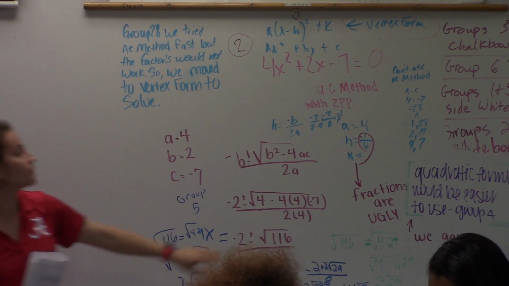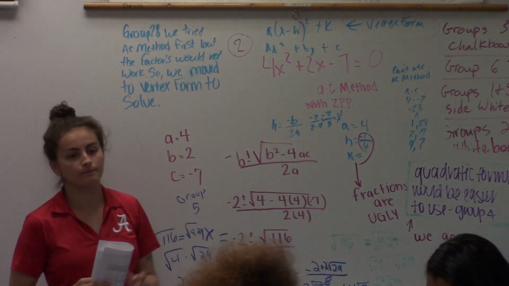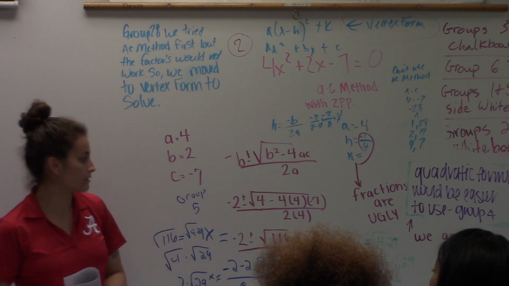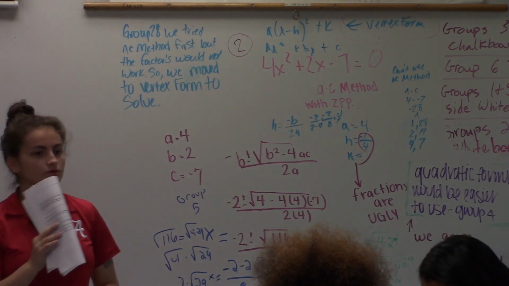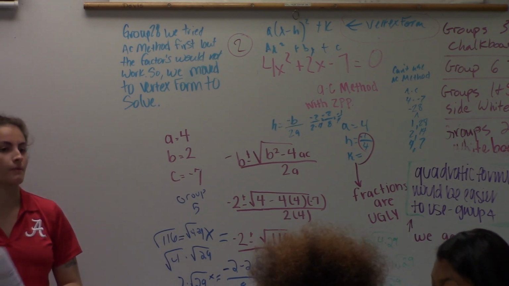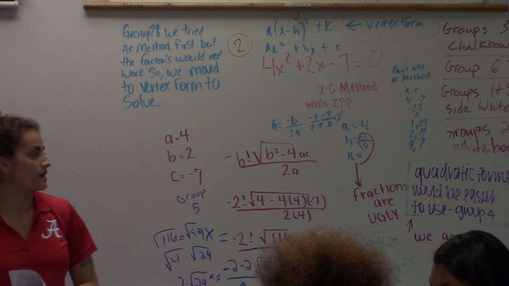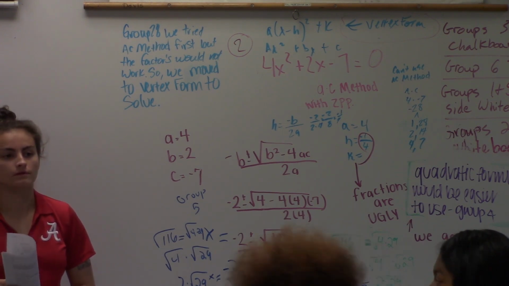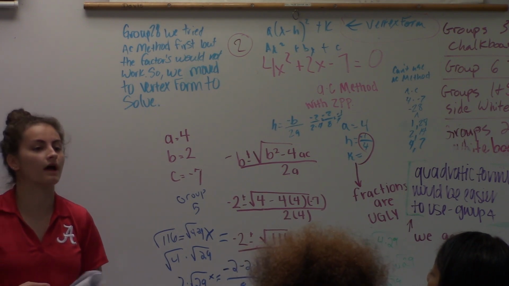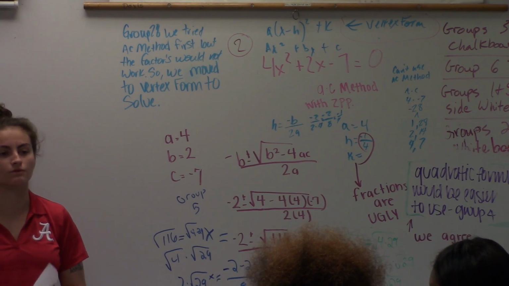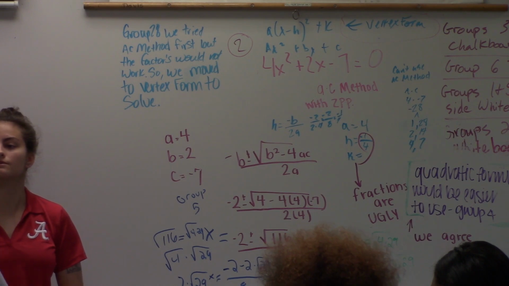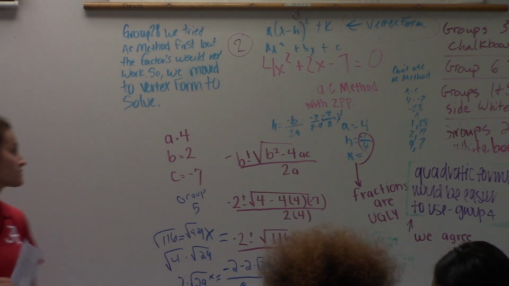So what do you have to do with h once you find it? Right, substitute it back in. And then what do you do when you have a, h, and k? Right, you're writing vertex form, and then do what? How do we solve an equation that's in vertex form? Yeah, inverse of properties of equality.